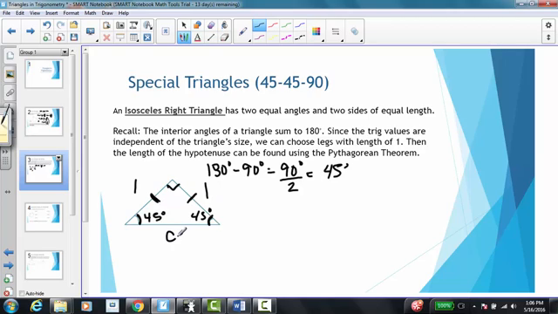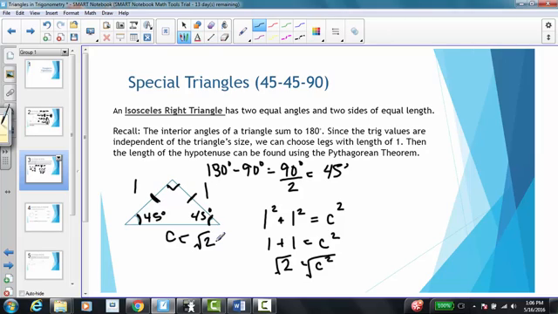Let's go ahead and just call that C. Using the Pythagorean theorem, opposite squared plus adjacent squared needs to equal my hypotenuse squared. So I get 1 plus 1 equals C squared. 1 plus 1 is 2 equals C squared. Taking the square root of both sides, I get C is equal to the square root of 2.